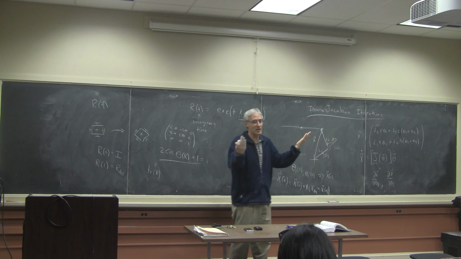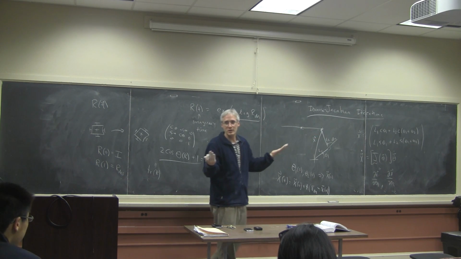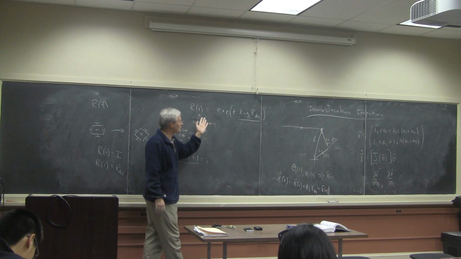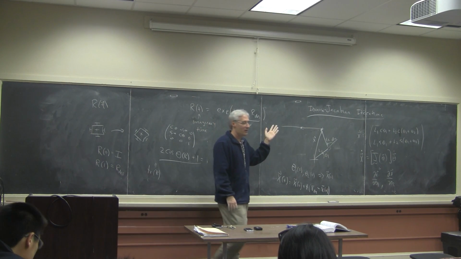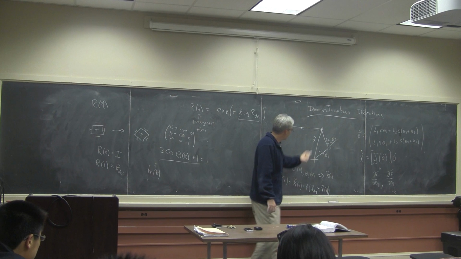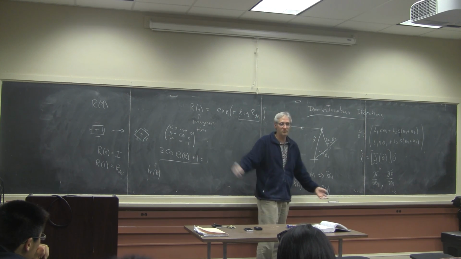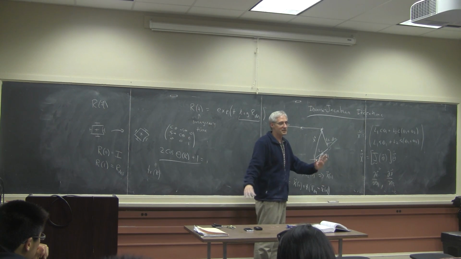I can't add two rotation matrices and have it be a rotation matrix. Likewise, I can't linearly interpolate rotation matrices, but I can linearly interpolate vectors in the plane. That's why this expression is so much simpler than that one. But the idea is the same.